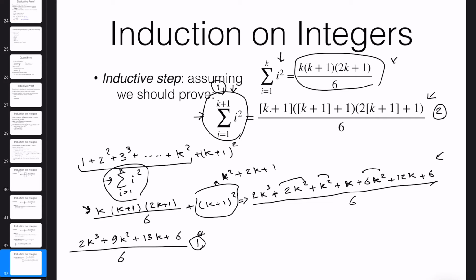If I keep multiplying, actually simplify this one, multiply this one inside the others and continue. So this is going to be k plus 1, this is going to be k plus 2, this is going to be 2k plus 3, right? So if you keep multiplying all these things together, you would get, first multiply k to everything here.